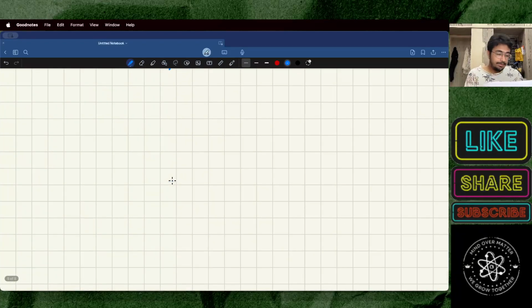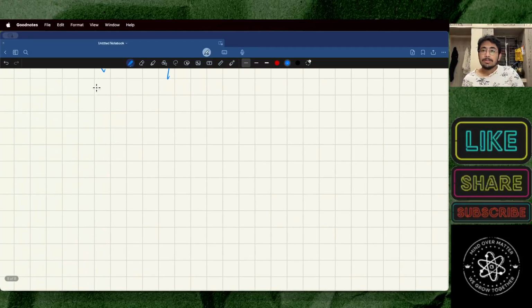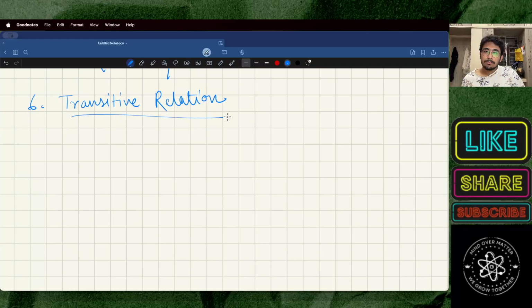And let's go to the next one. It's called the transitive relation. I'm forgetting the numbering. It's 6. Transitive relation. What does it tell?